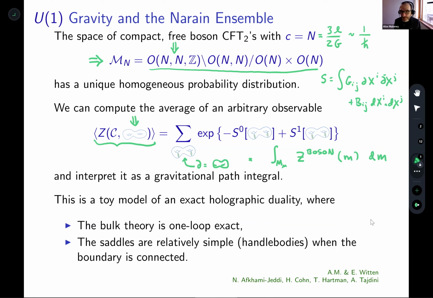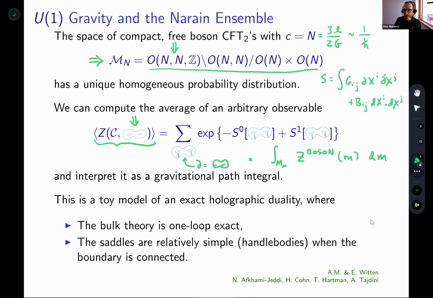Now, this is very different from what you would expect in a more complicated theory of gravity. So among other things, in a more complicated theory of gravity, you would expect an infinite series of perturbative corrections to a classical action. But the theory that we're going to study is so simple. It's really a toy model where you can compute everything exactly. So in particular, in this picture, you might think of this as an exact holographic duality, because the bulk is one loop exact.